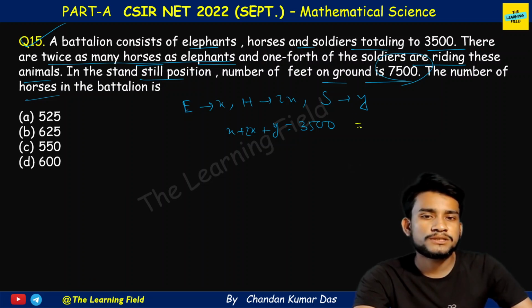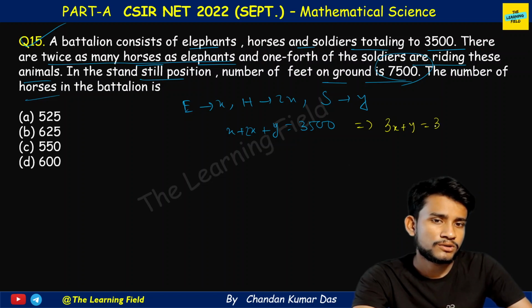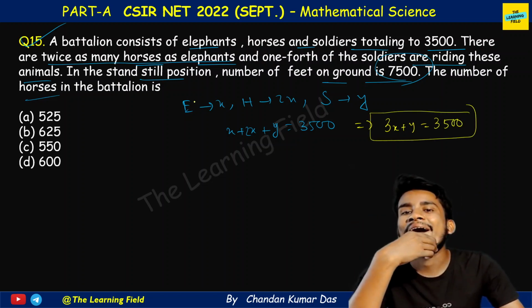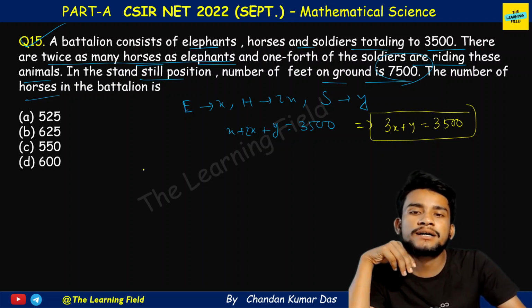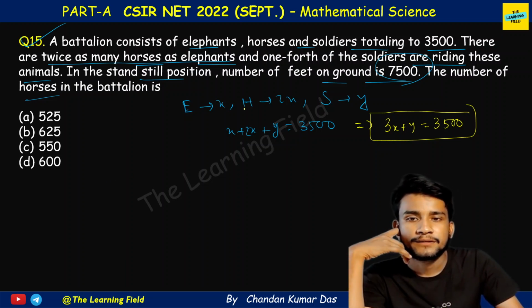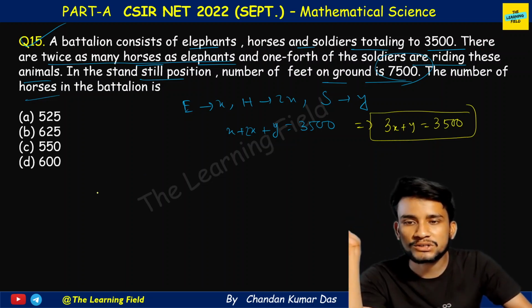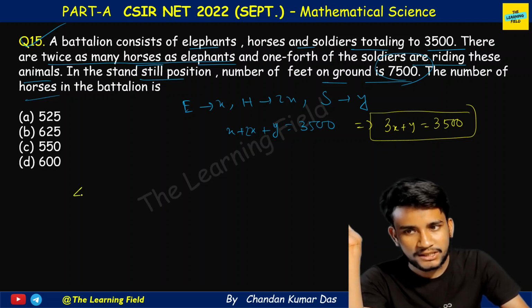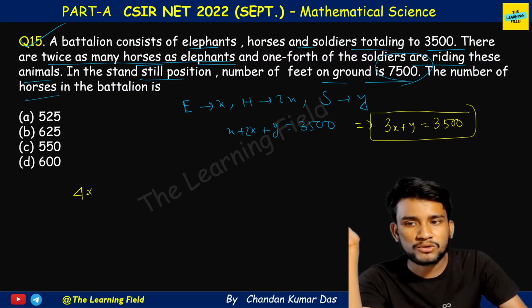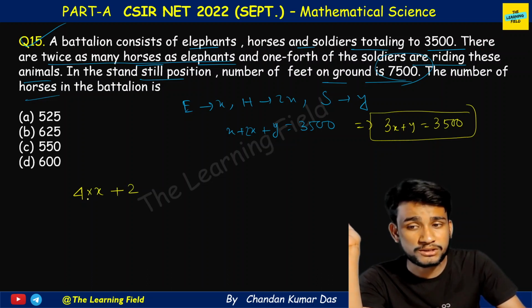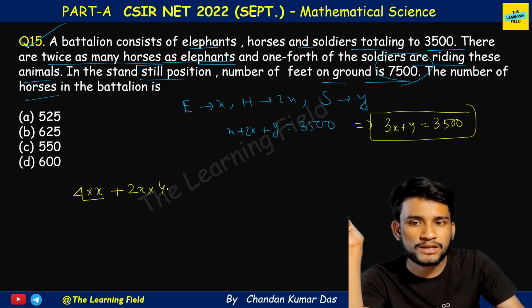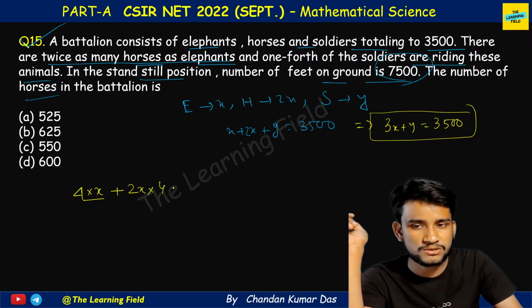So this implies 3x plus y equals 3500. This is an equation. Now, a horse has 4 legs, therefore the total number of legs for elephants is 4x, plus for horses, 2x is the number of horses into 4 legs, so the total legs for horses is this one.